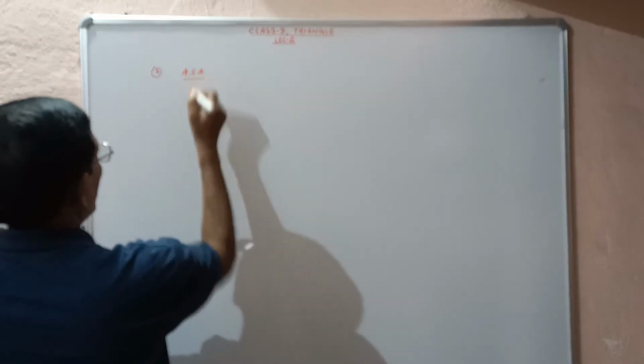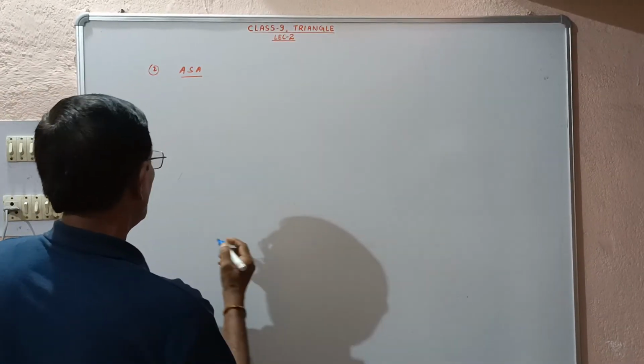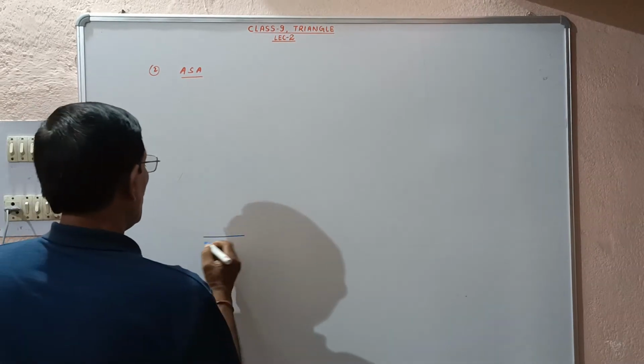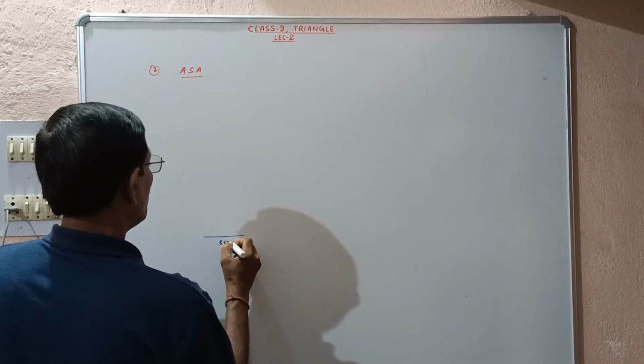What is this angle side angle rule? In this rule, we take a triangle in which one side is, suppose, 8 centimeter.